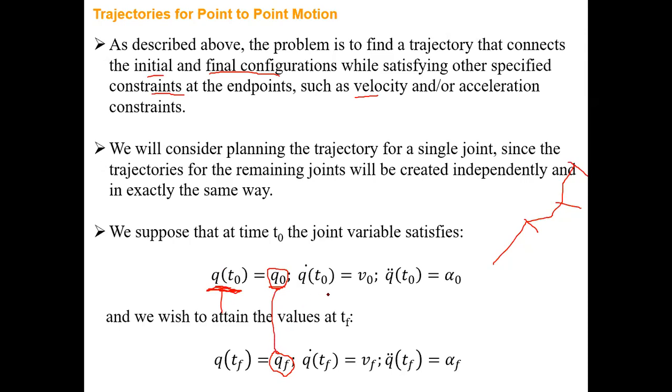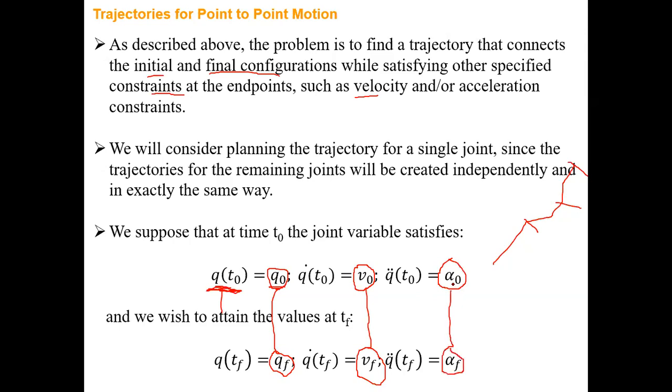Similarly, my robot has to have an initial velocity of V0 and a final velocity of VF. So in total, we have 4 constraints. Then my robot should have an initial acceleration of alpha 0 and a final acceleration of alpha f.